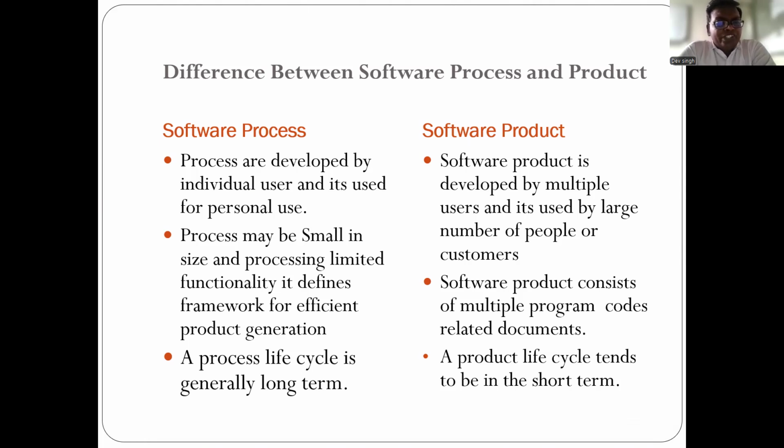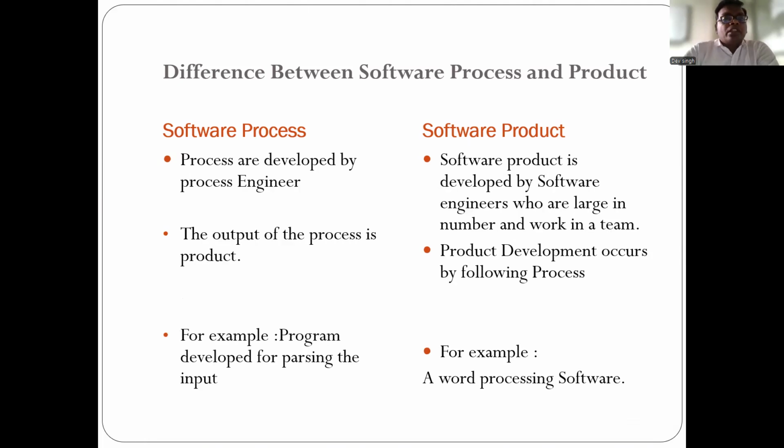It defines a framework for efficient product generation, and a software product consists of multiple program codes and related documents. Process life cycle is generally long term compared to the product. A process follows various steps: requirements, analysis, design, coding, and maintenance. The product life cycle tends to be short term, with coding and testing, then delivery to the customer or end user.